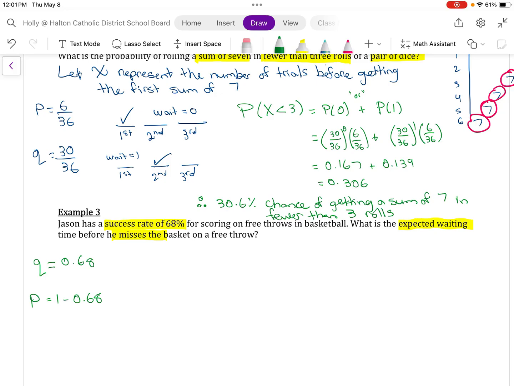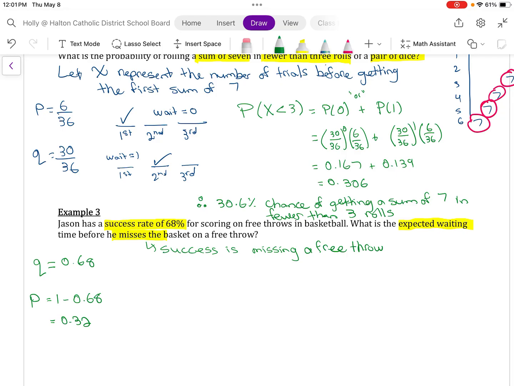The success in this case, I might write this on the side here, is missing a free throw. Okay, so the success is missing a free throw. So the probability of success would be missing. So it's 1 minus 0.68. So it's 0.32.